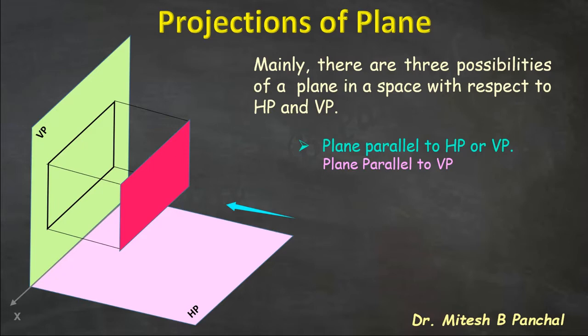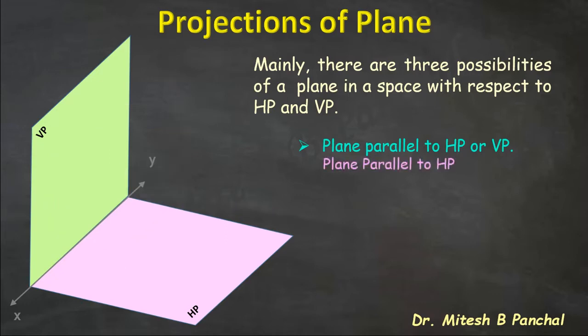And when we are looking from the top, the top view of this rectangle will appear as a straight line that is parallel to XY. So the ultimate answer is one view, the front view, is a true shape of the plane, and the second view, the top view, is a line view parallel to XY.